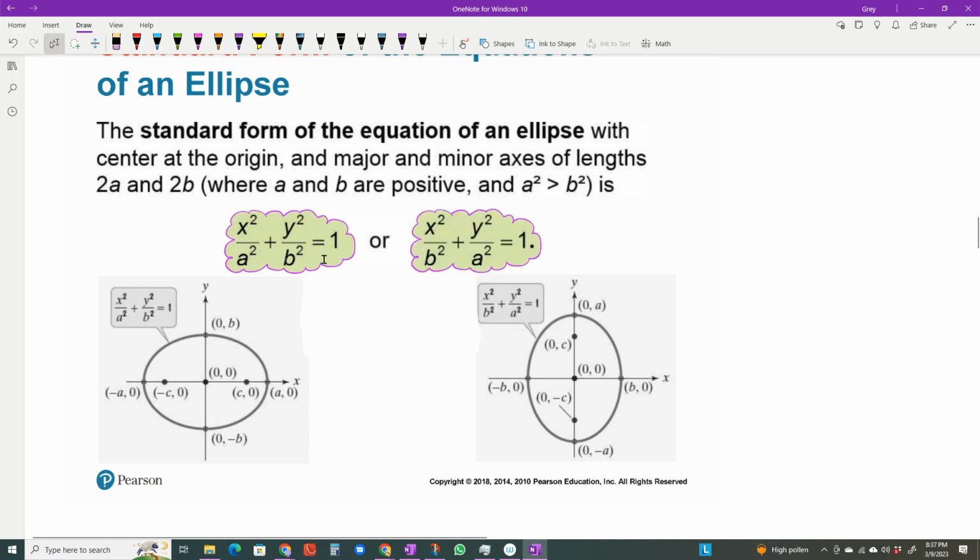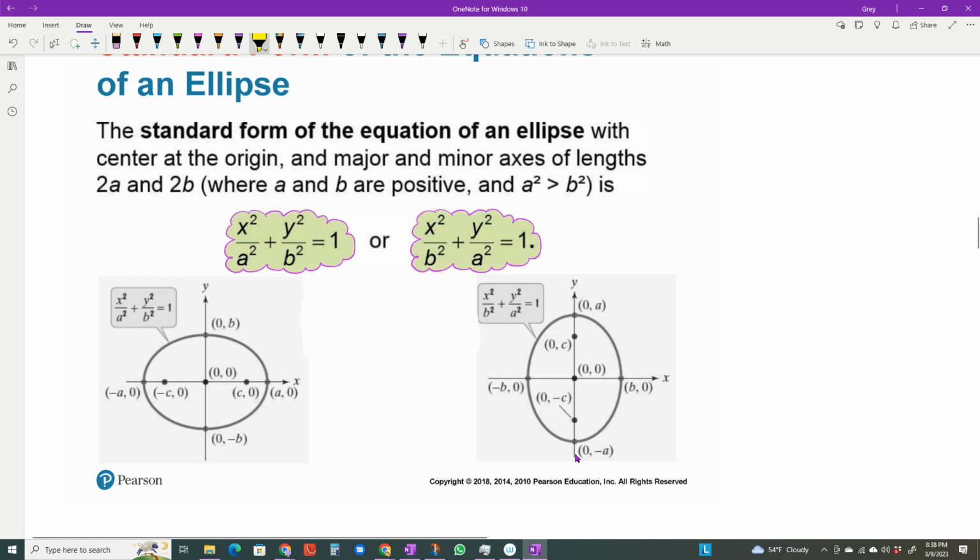And if you notice what is different, x and y are still in the same order, but a and b got switched. And that's because in the horizontal ellipse, a is on the x-axis in this case, and in the vertical, a is on the y-axis.